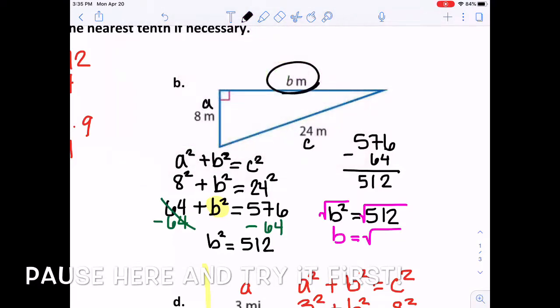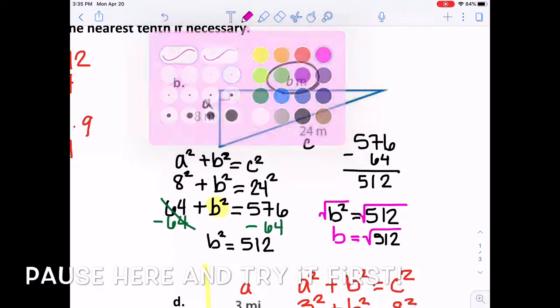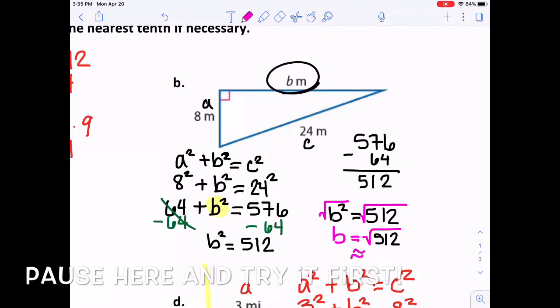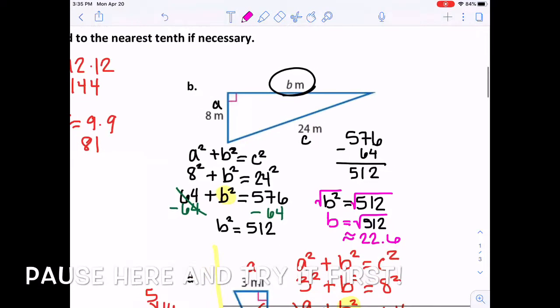Or if you would like to put it into a calculator, it is about 22.6. Okay, now there is a way you can reduce the 512, and again, we will talk about that in another lesson, where you can actually reduce what's under the radical and leave a radical in there, but reduced.